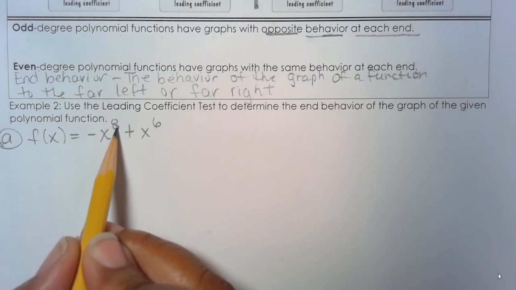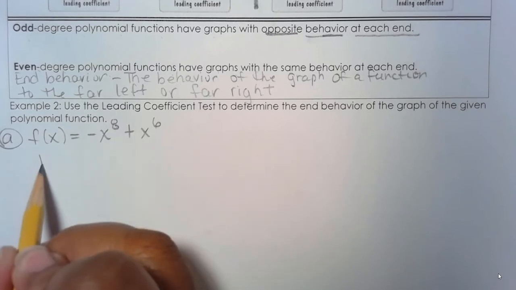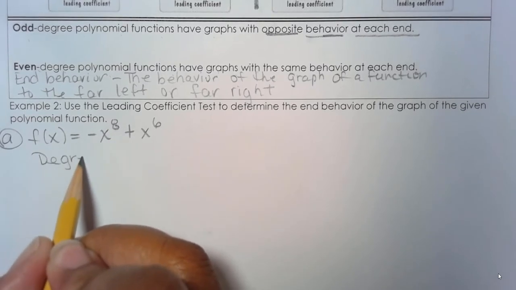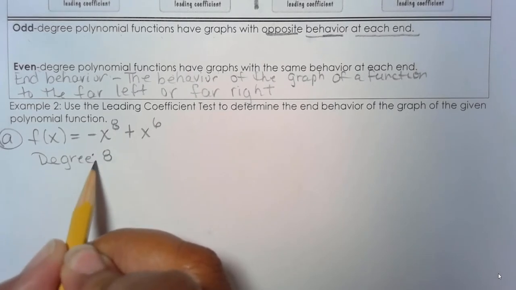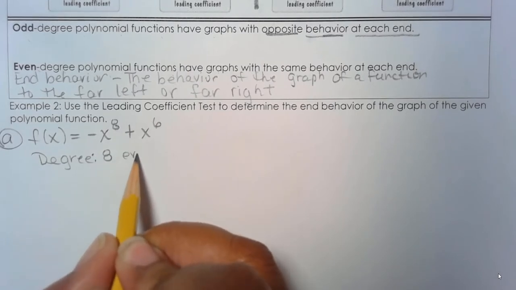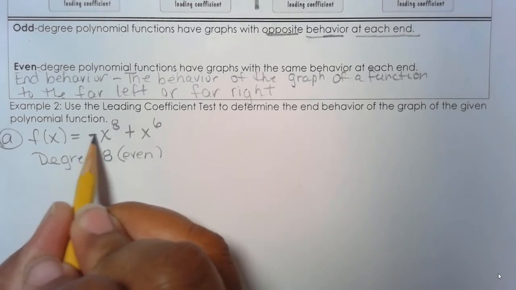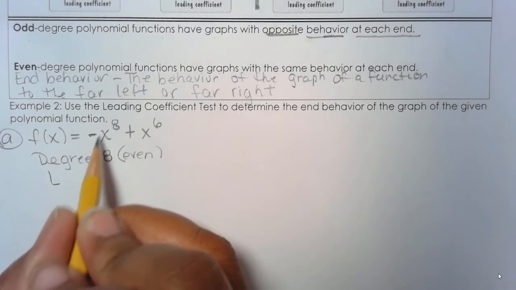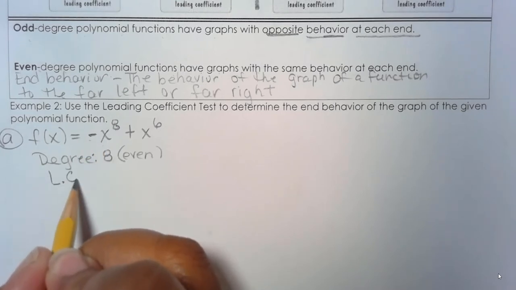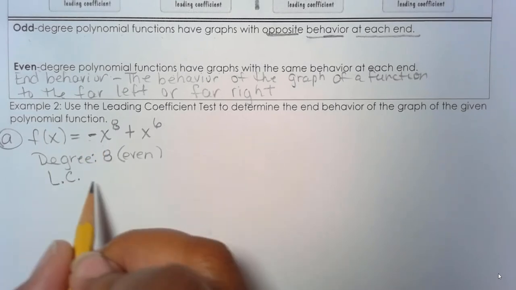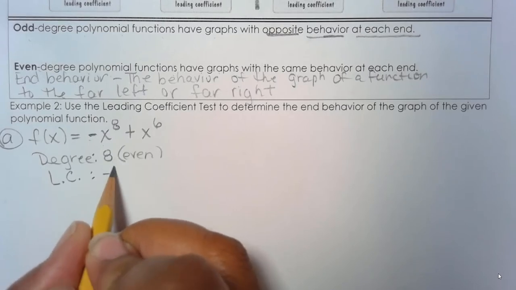So our degree here is 8, the number 8. And 8 being an even number, therefore our leading coefficient, so we're going to look at negative x to the 8, I'm going to put LC for leading coefficient, is negative 1.